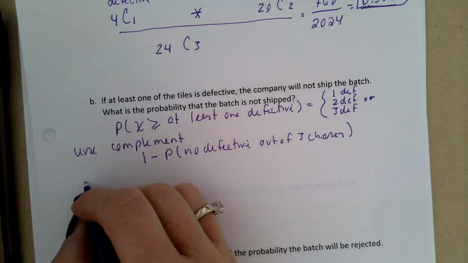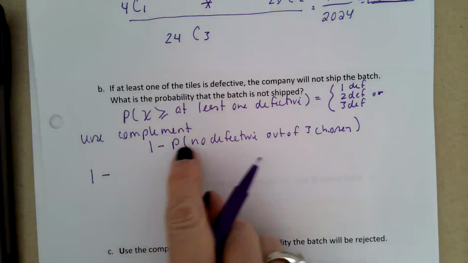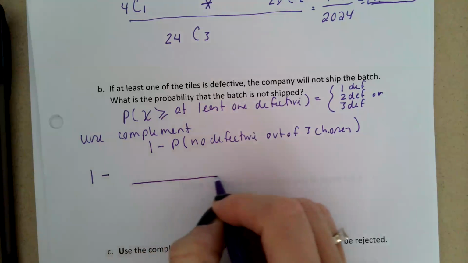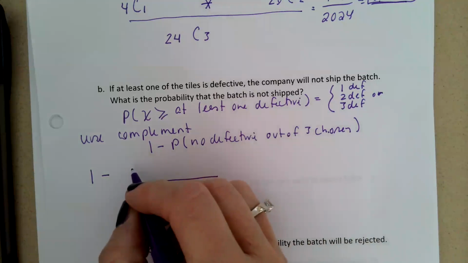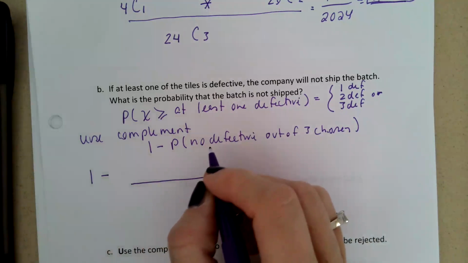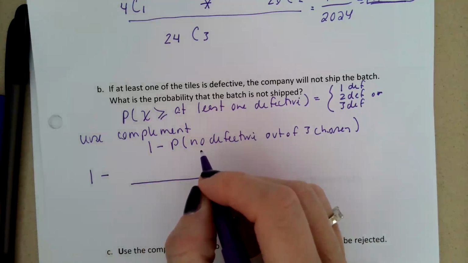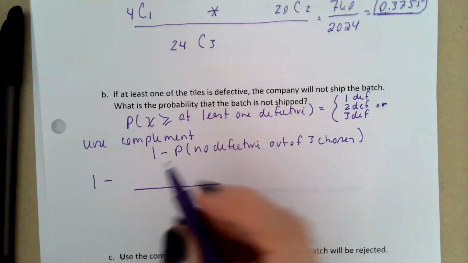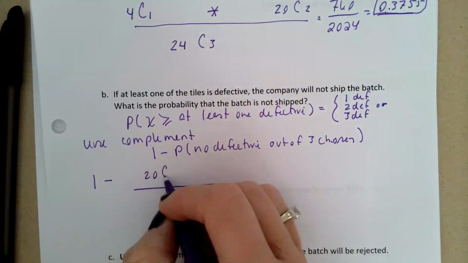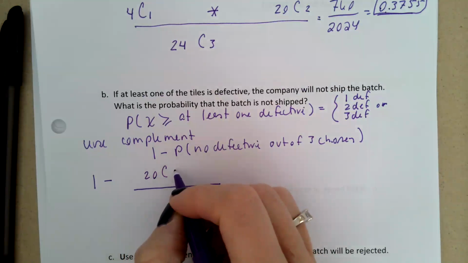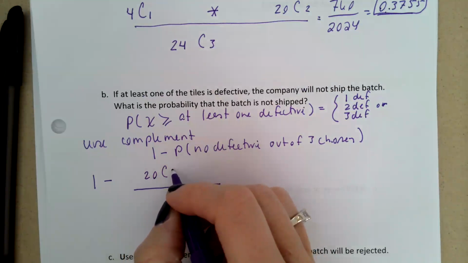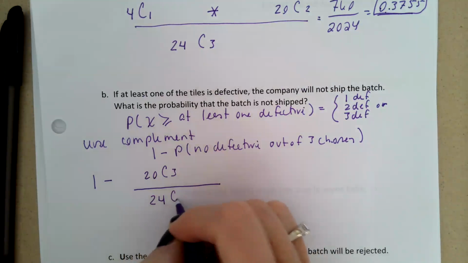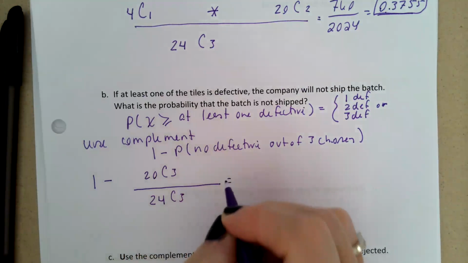So we can say 1 minus, and then the probability of no defectives would be all good pieces. So that would be the 20 that we have to choose from, and we want to choose 3 of them. Out of all of the possibilities of 24 choosing 3.